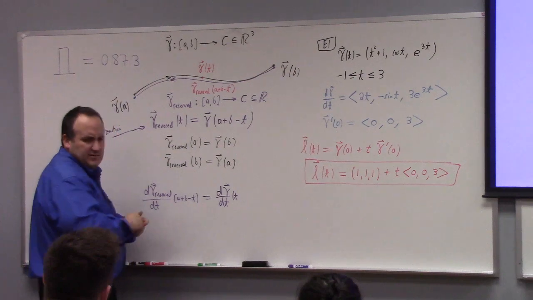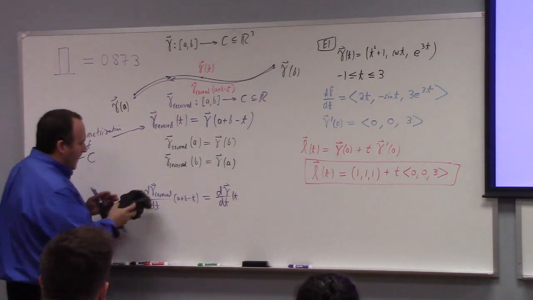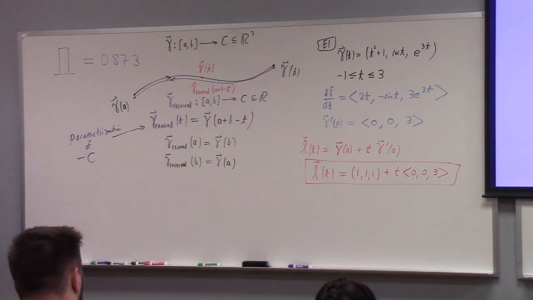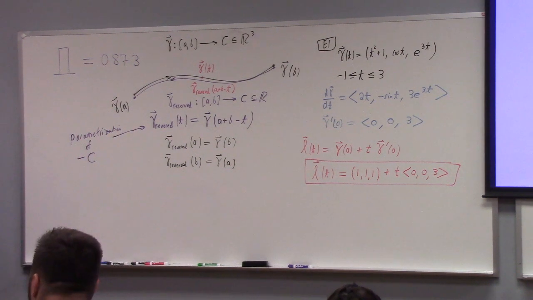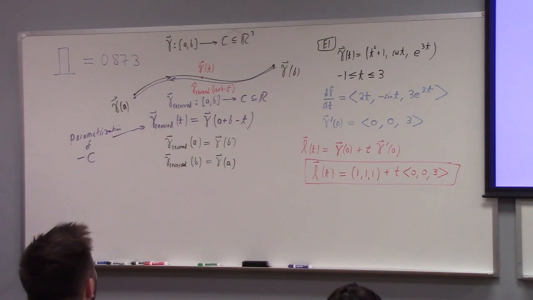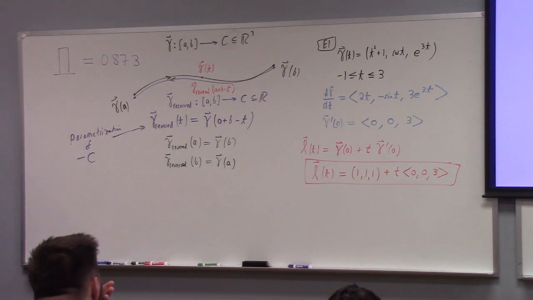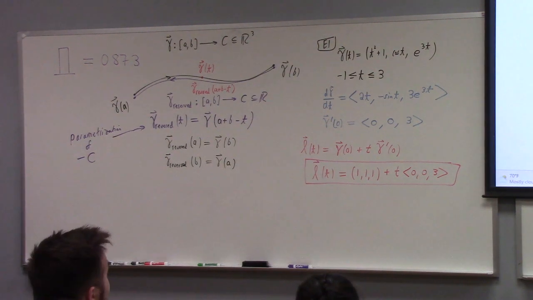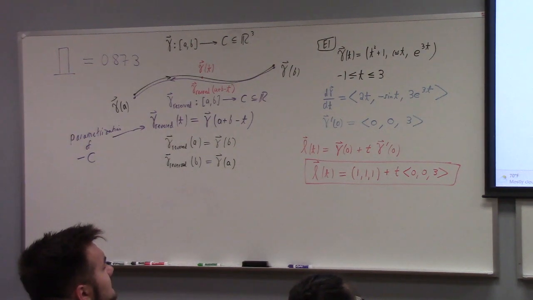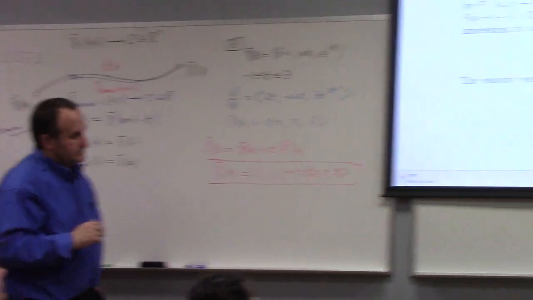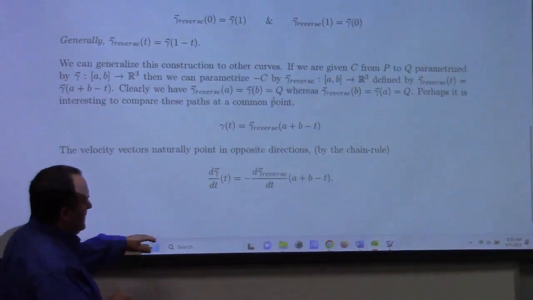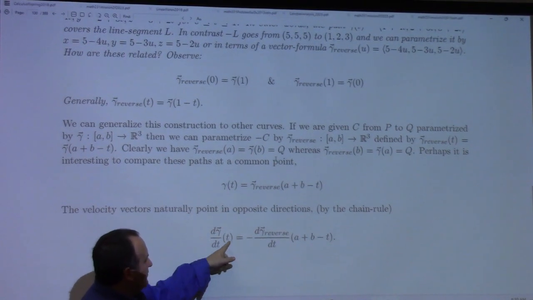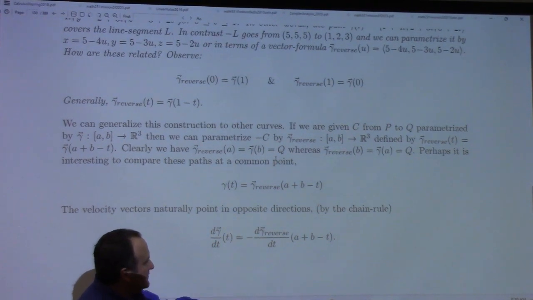Let me stop writing this. My brain has broken. Just a second here. I don't think what I was writing was wrong. I should just project it. I have it written here nicely. Just what you said, d gamma dt is minus the d gamma reverse dt.